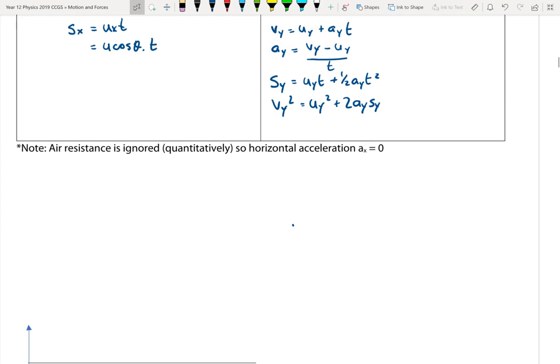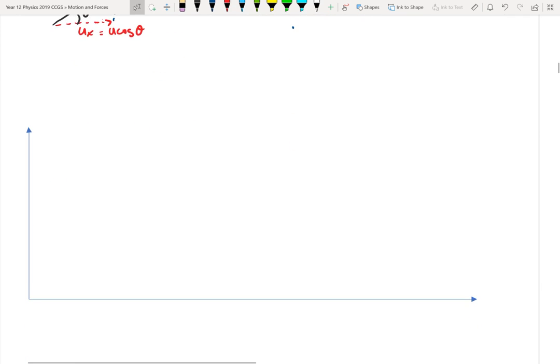Okay? Now, I did ask you before to be able to split your vector into horizontal and vertical components. So let's just remind ourselves of the equations. We might need to include that theta is there, and then ux is u cos theta. Now I would like you to sketch not a position time graph, but a position graph.